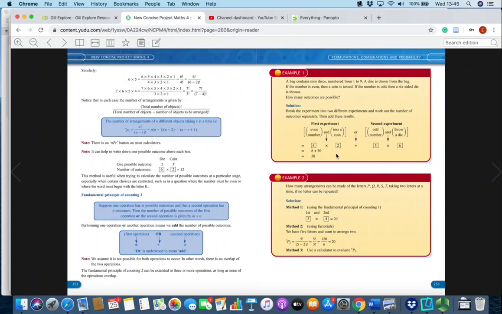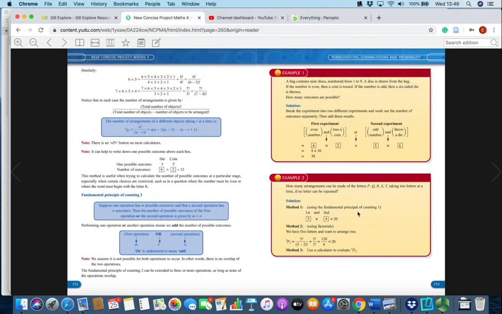Example 2. How many arrangements can be made of the letters P, Q, R, S and T, taking 2 letters at a time if no letter can be repeated? Okay, and there's a few ways of doing this, and it depends how your brain thinks.